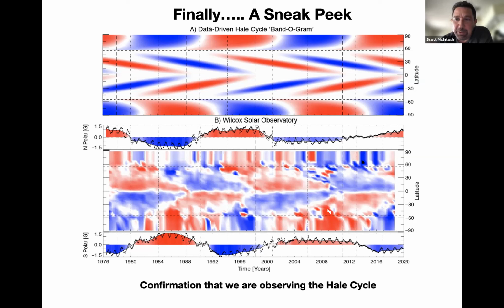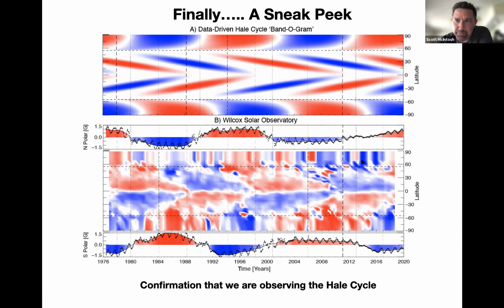But here is the last plot that I want you to look at carefully. So the upper panel is something that I've showed 15 times so far today. The lower panels are not. And the lower panels are broken up into 3, and they come from the Wilcox Solar Observatory at Stanford. And you can see the polar traces for the northern and southern poles.